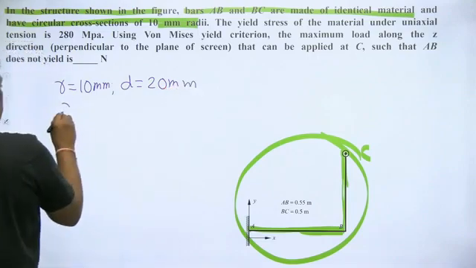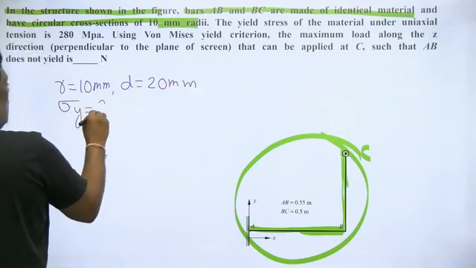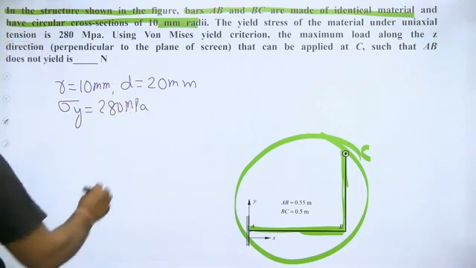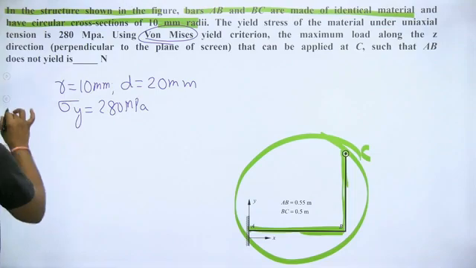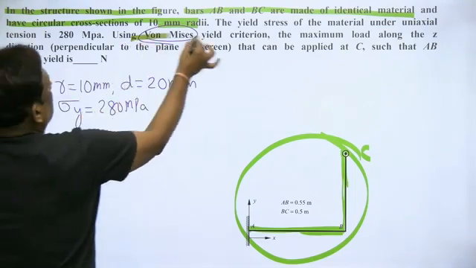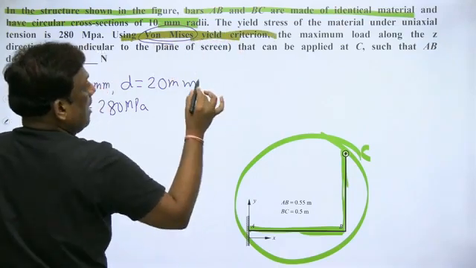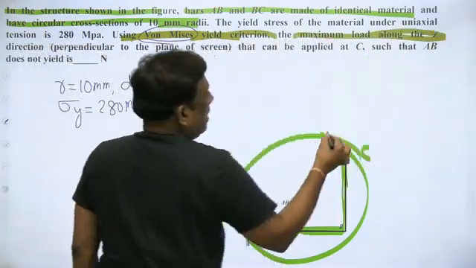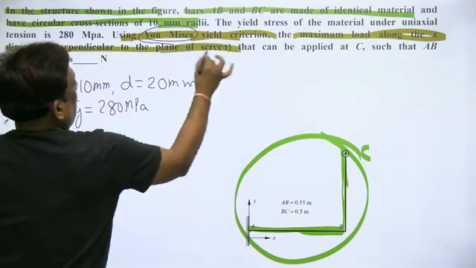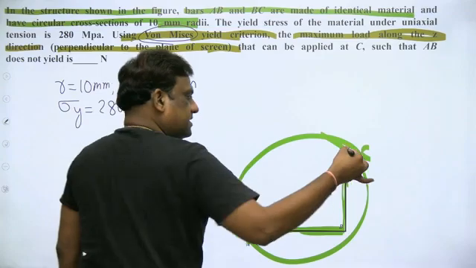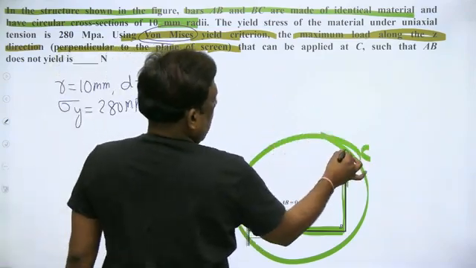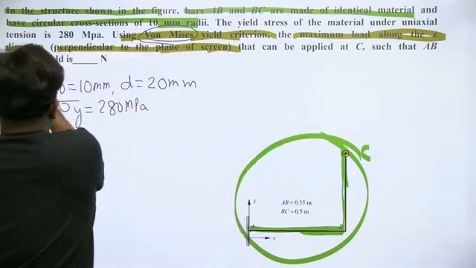The yield stress is given as 280 megapascal. Using von Mises criterion, the maximum load that can be applied along the Z direction. Z direction is perpendicular to the plane of this screen. This is the Z direction that can be applied at C, this is point C, such that AB does not yield.